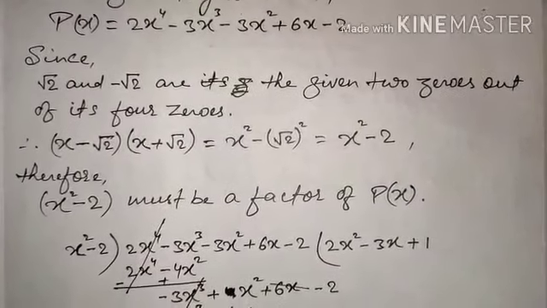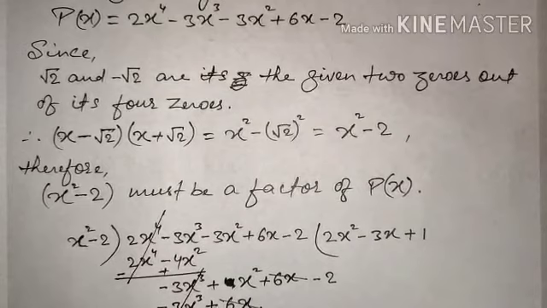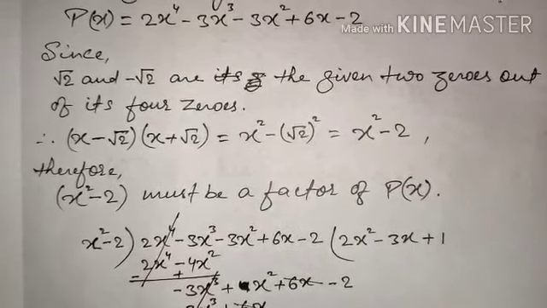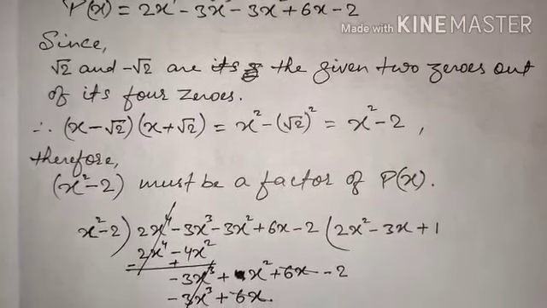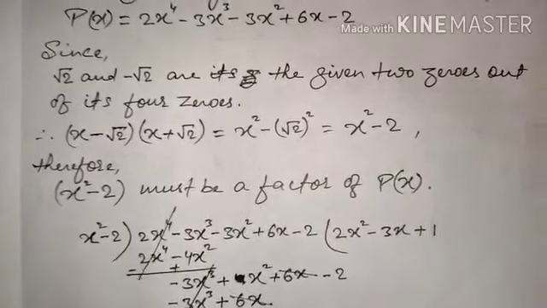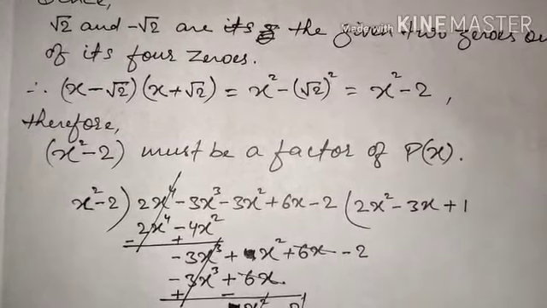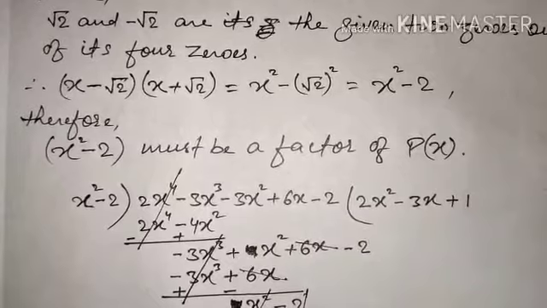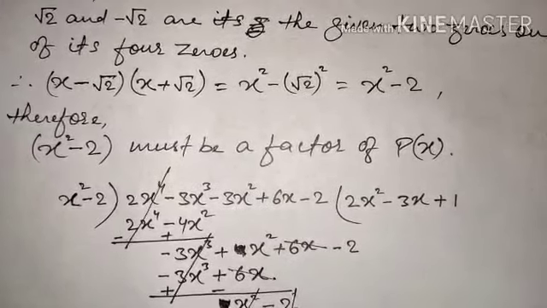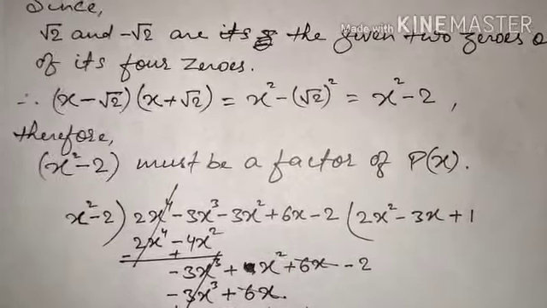Now, some information is given, so I have written that since root 2 and minus root 2 are the given 2 zeros out of its 4 zeros, therefore I have written root 2 and minus root 2 in the form of factors, and then multiplied them to get one factor out of these two factors.